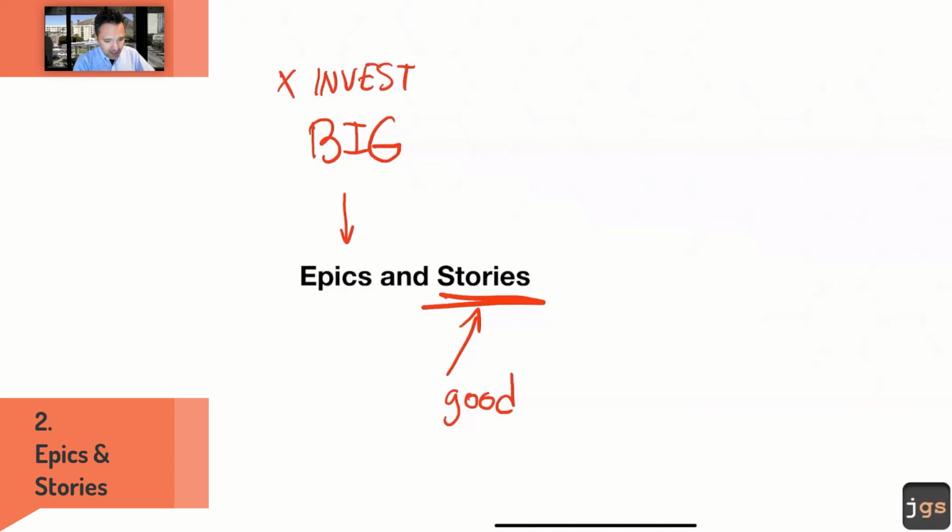This is like a good story, but it's not independent. It is not small, cannot be tested, whatever. Any of the INVEST is not there. What you have is something that we're going to call an epic. An example.